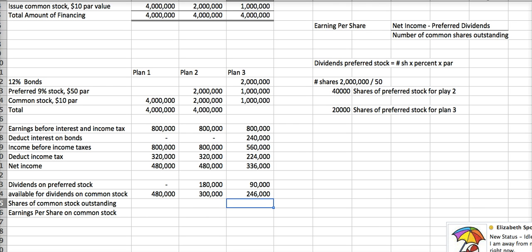Now let's look at my shares of common stock outstanding. We're going to do this much in the same way. We know that common stock is only ever listed at par. And so if in Plan 1 we have $4 million worth of common stock, if we divide that by the par, that tells me the number of shares outstanding. So therefore I'm going to say 4 million divided by 10.